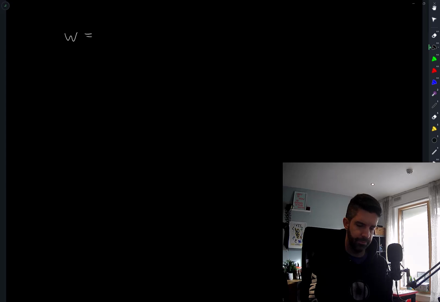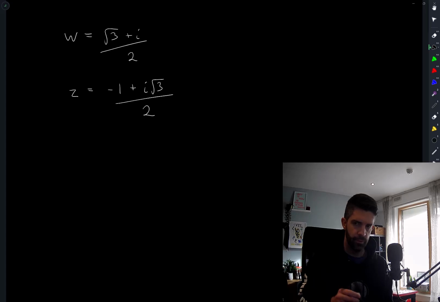So let's write out what these two complex numbers are. We want to look for r and s such that i w to the r is equal to z to the s.